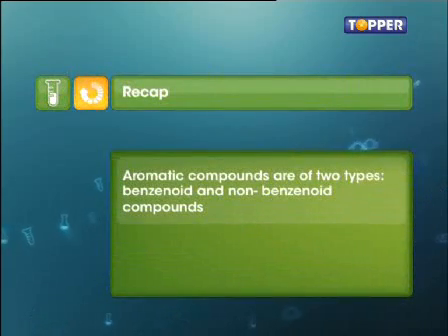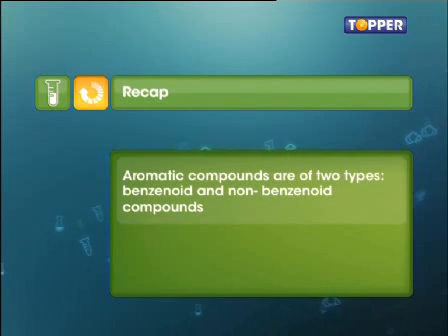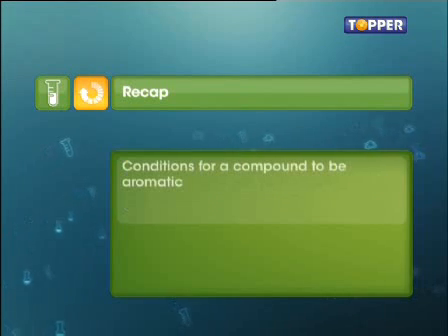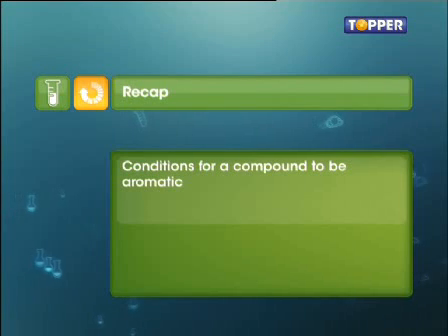Welcome back everyone. I am Deobrata Goswami and we are studying aromatic hydrocarbons today. Let's take a quick look at all that we have learned so far. Today we learned that aromatic compounds are of 2 types, benzenoid and non-benzenoid. We also learned the conditions for a compound to be aromatic.